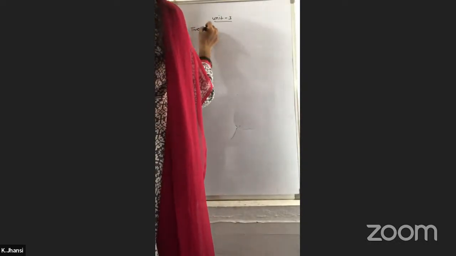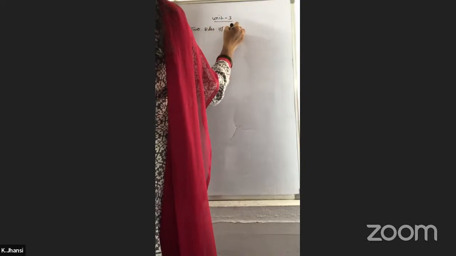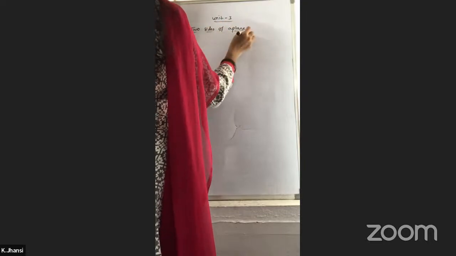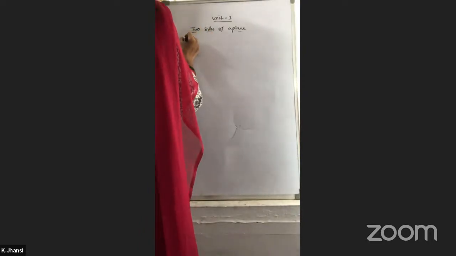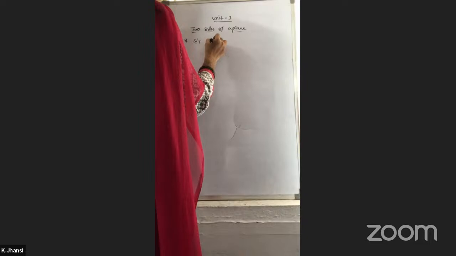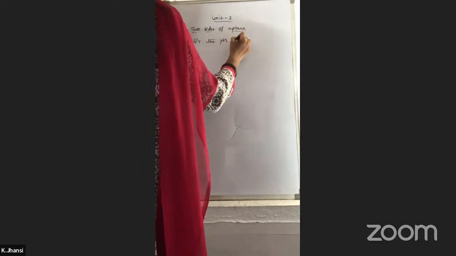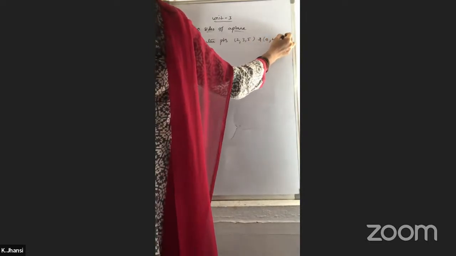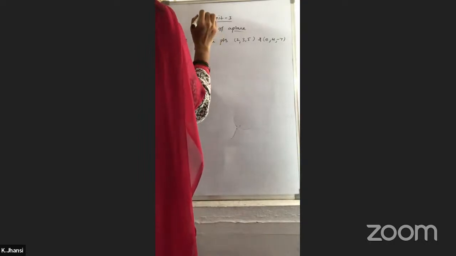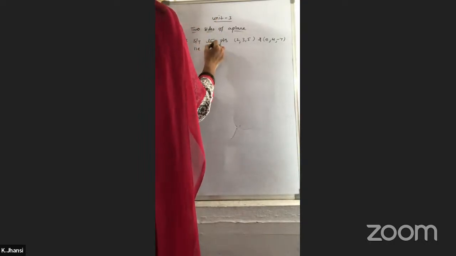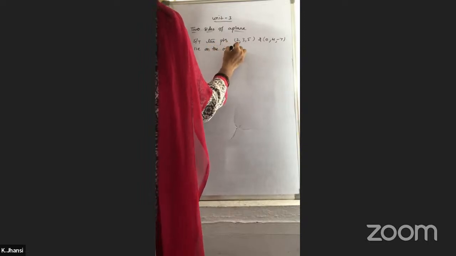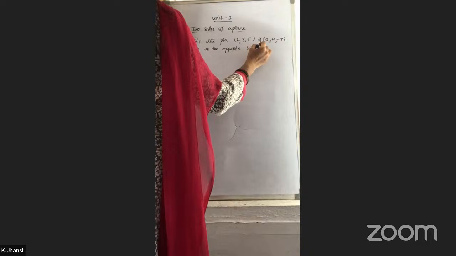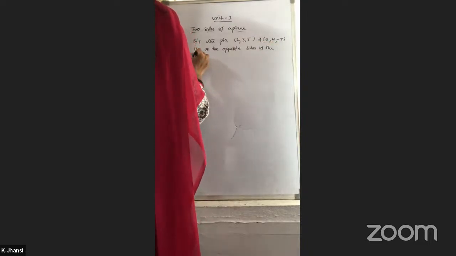Two sides of a plane. Okay. An example problem: show that the points 2, 3, 5 and 0, 4, minus 7 lie on the opposite sides of the plane.